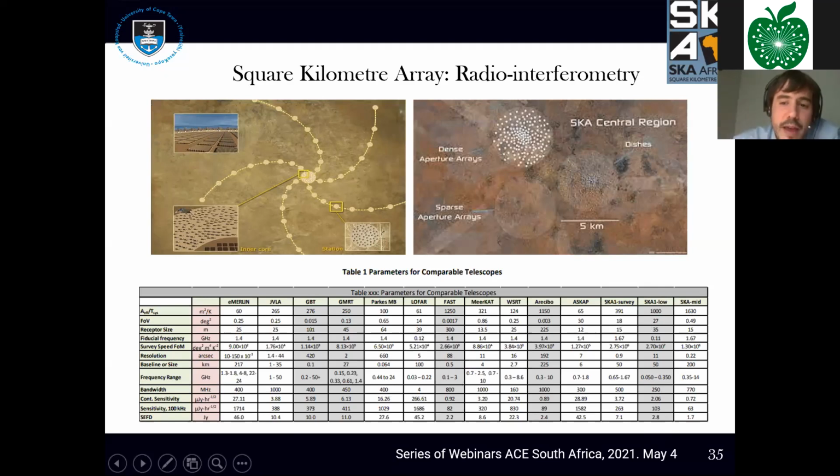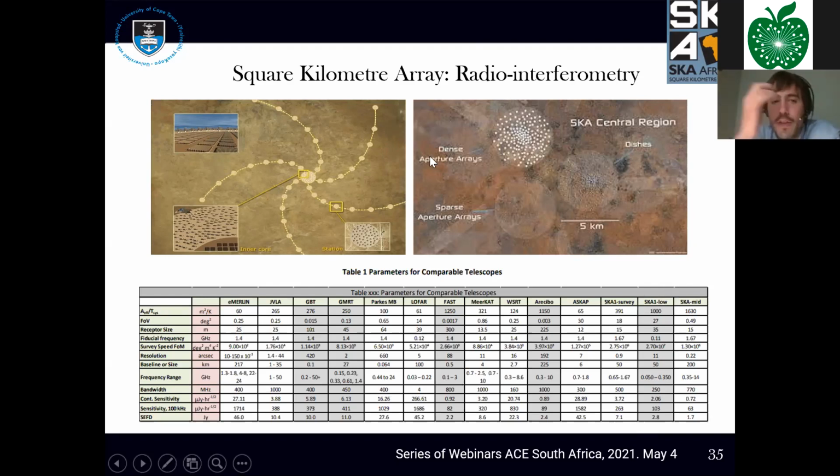The Low here has low frequency antennas, so the range of detection in frequencies is lower than the range of frequencies in SKA Mid, which accounts for a mid range of frequencies. So this is the project in Australia, and this is the project in South Africa.